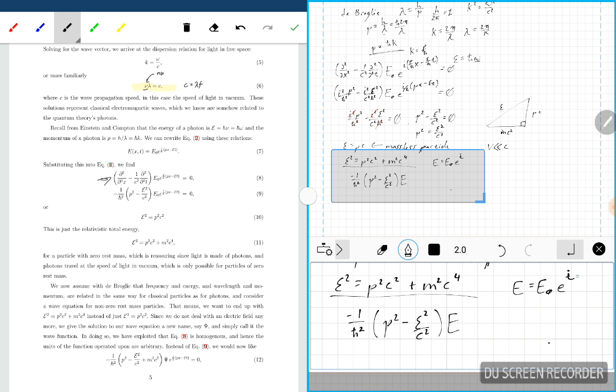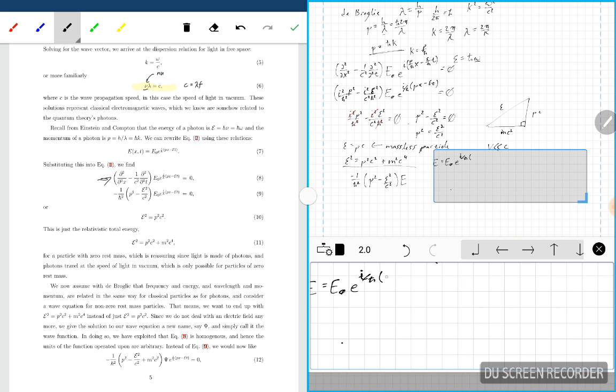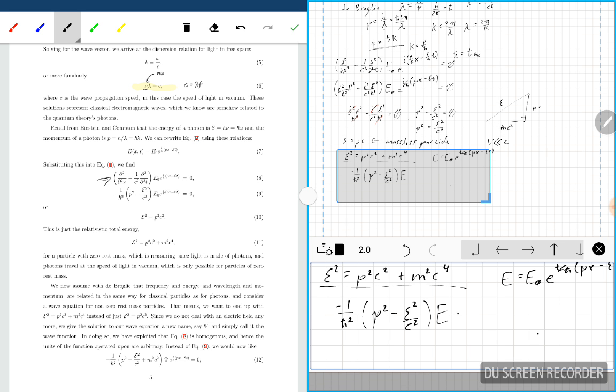Oops, that's just i over h bar (px minus et). And that all equals 0.